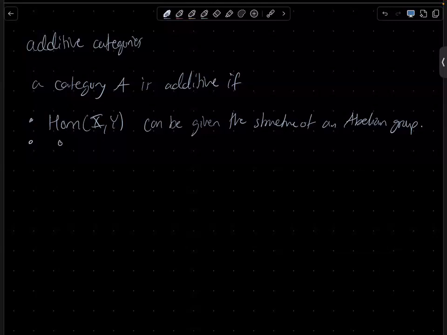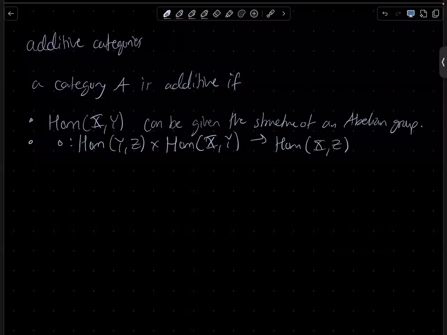So composition, for any three objects x, y, z: Hom(y,z) times Hom(x,y) to Hom(x,z).